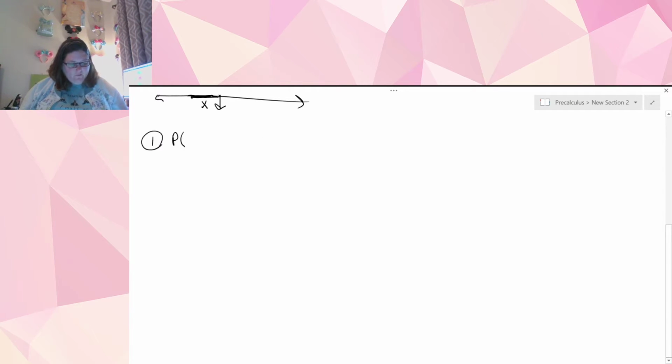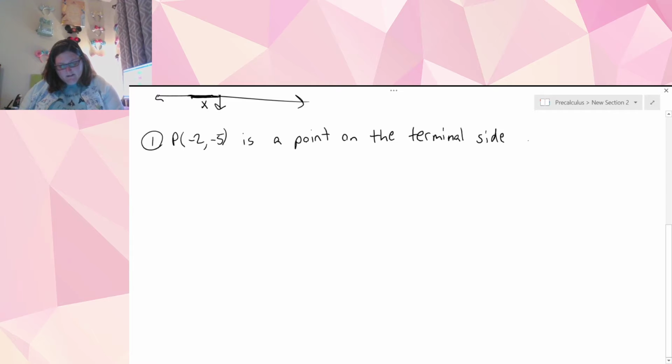So they're going to give you a point, let's say (-2, -5). And they tell you that that is a point on the terminal side of angle theta.